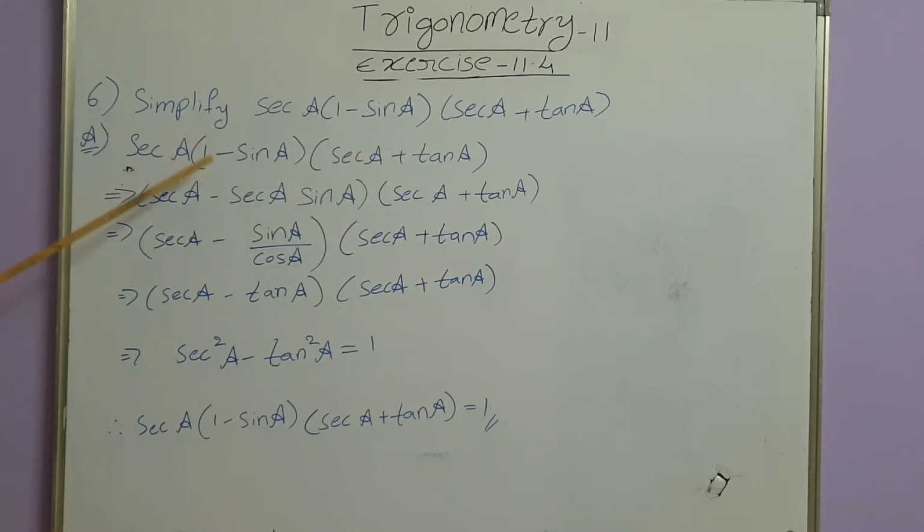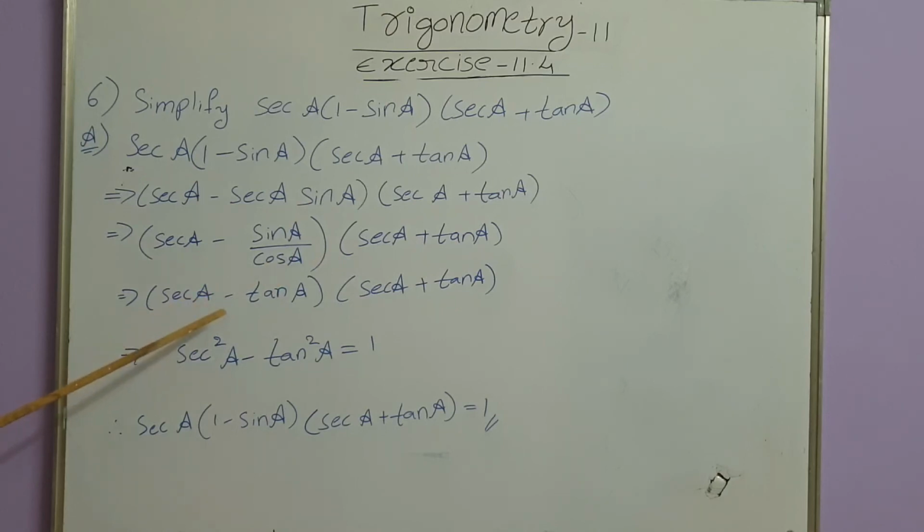Here sec A is multiplied with this: sec A into 1, sec A minus sec A into sin A, into (sec A plus tan A). Sec A minus, how to write this sec A? 1 by cos A. 1 by cos A into sin A. So sin A by cos A into (sec A plus tan A).